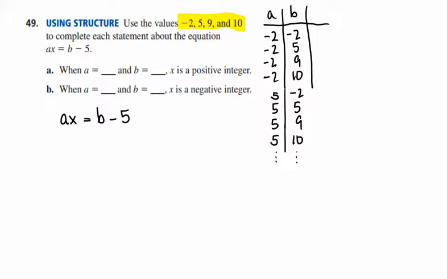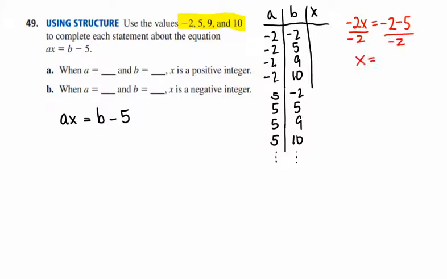Now let's just see. In the first case, I'll go through a few of the examples over here. If A were -2 and B were -2, then the question is, could x become a positive integer? Would x be a positive integer? We would solve this by dividing both sides by -2.